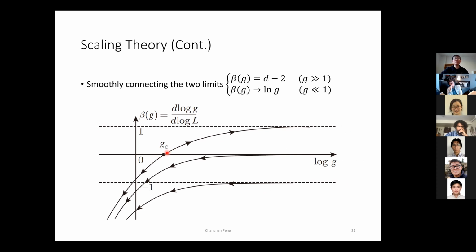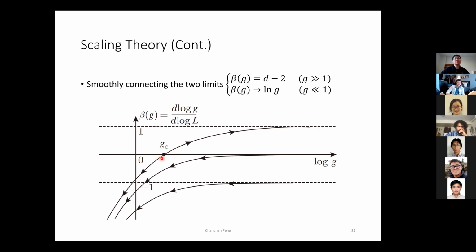So when we increase the system size, we have this log L increasing. If beta G is positive, we have G flowing to a larger value. So if it's positive, when we increase system size, it flows toward this good metal limit.